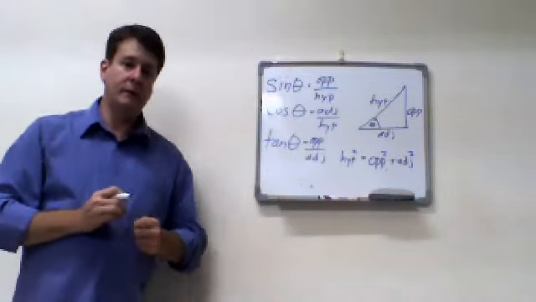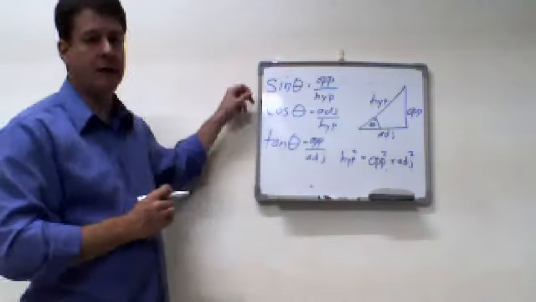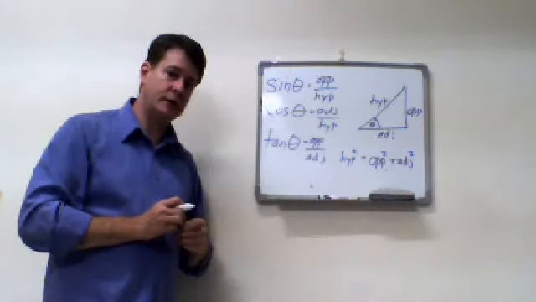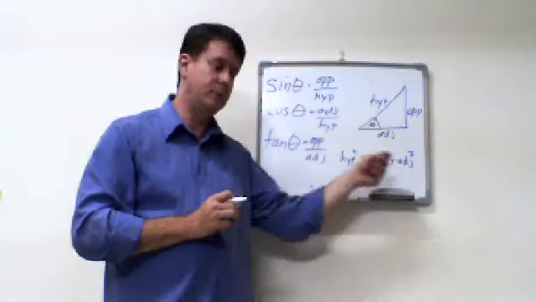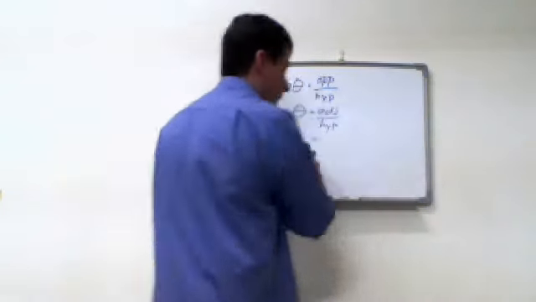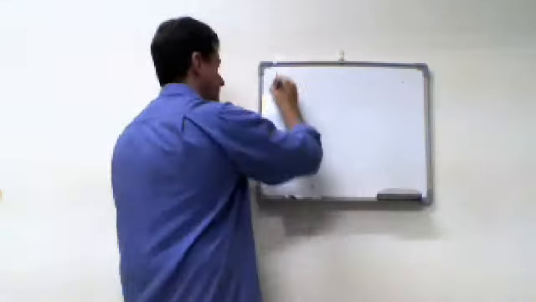And this is what we're going to be using to decompose our vector: the sine identity, the cosine identity, the tangent identity, and our Pythagorean theorem, hypotenuse squared is equal to opposite side squared plus adjacent side squared. Now going back to our example vector that we had here.